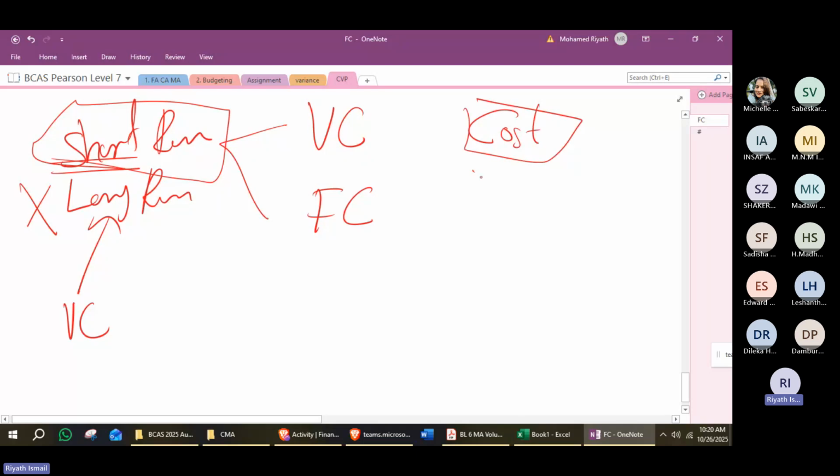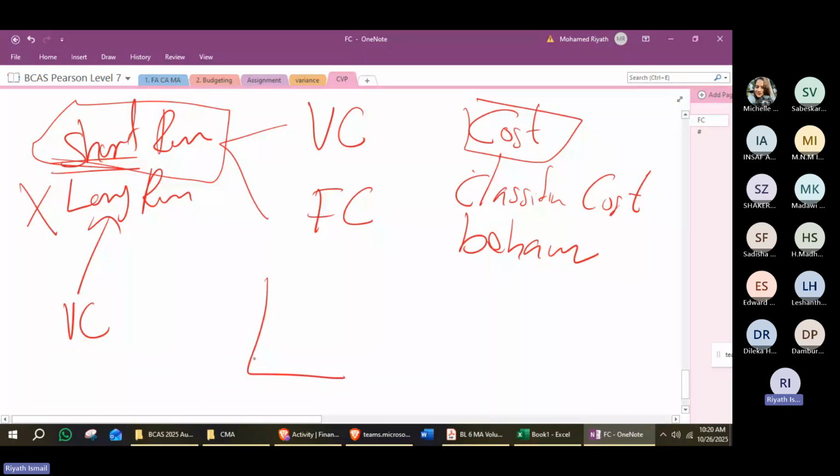Can you remember? In the first class, we talked about classification of cost, classifying the cost based on behavior. Behavior we divided into two: variable cost and fixed cost.